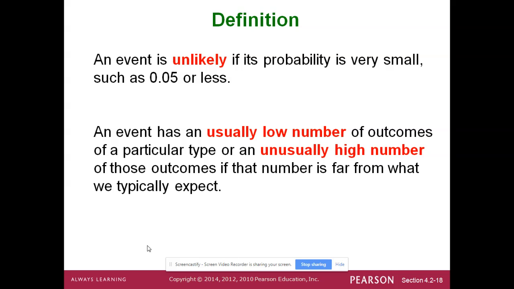All right. An event is unlikely if its probability is very small. For example, 0.05. That's a 5% chance of something happening. That's pretty small. It's a very unlikely event.